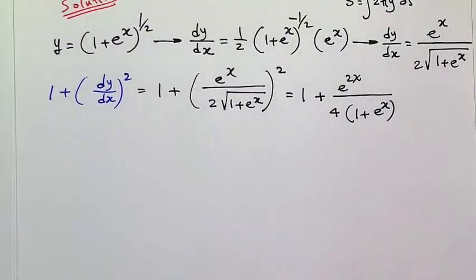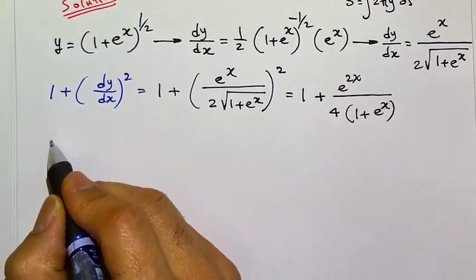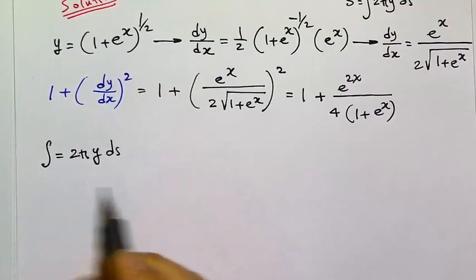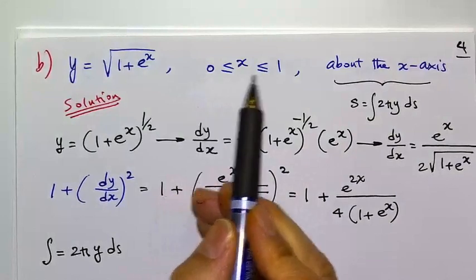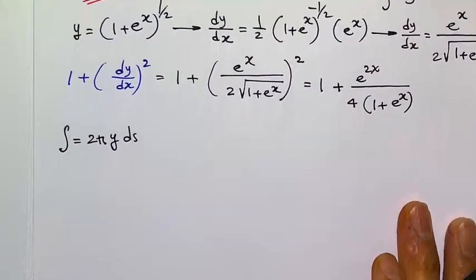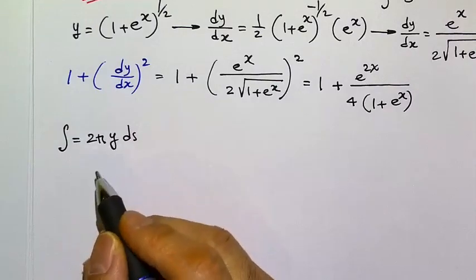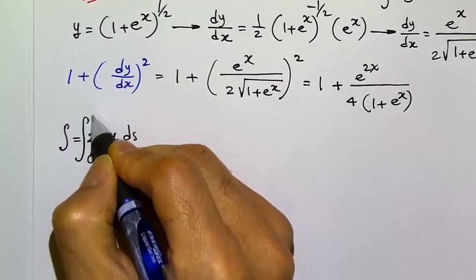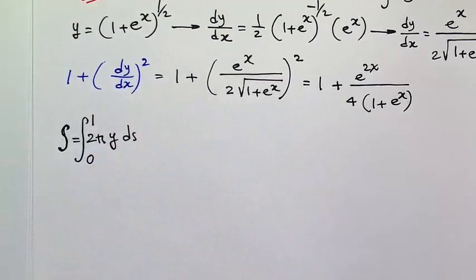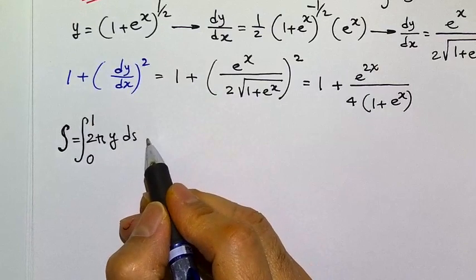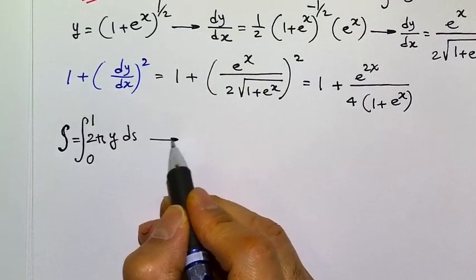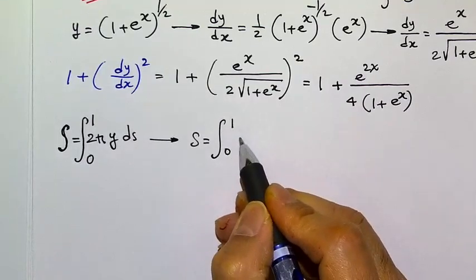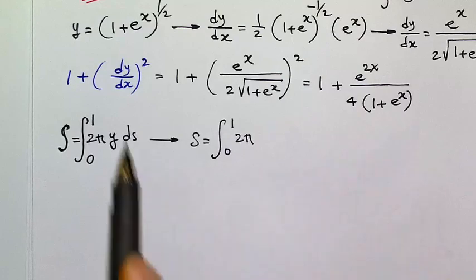So let us do that. We have s equal to the integral of 2 pi y ds. Of course, this is from 0 to 1, for the variable x, and this is our surface area. Then given that, we have s equals 2 pi times y, which is simply that.